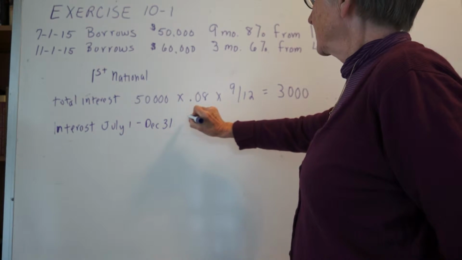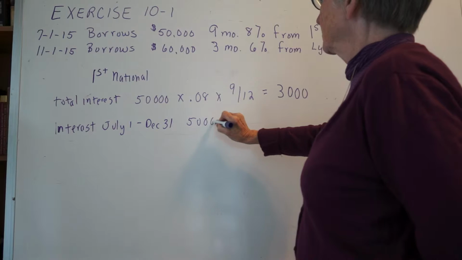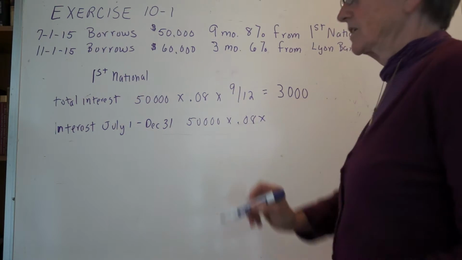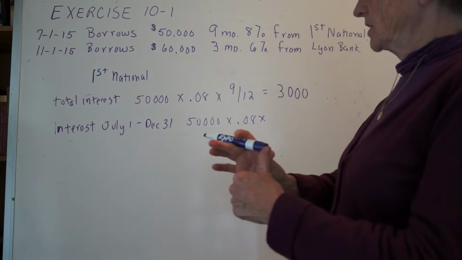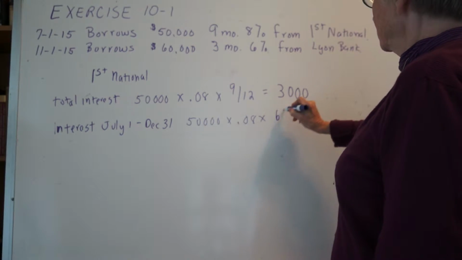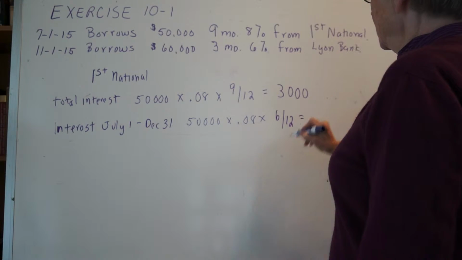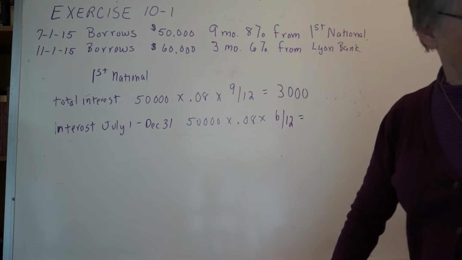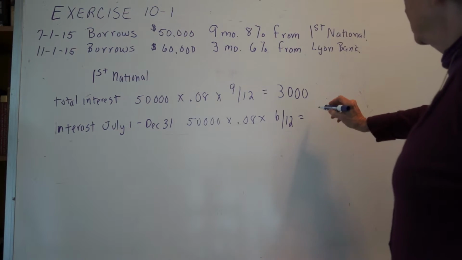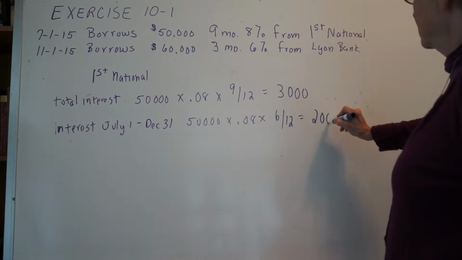To do that, we would go 50,000 times 8% times, and here I get out my handy calculator, July, August, September, October, November, December, 6, times 6/12. And that would give us the amount that we're going to accrue, which would be $2,000.